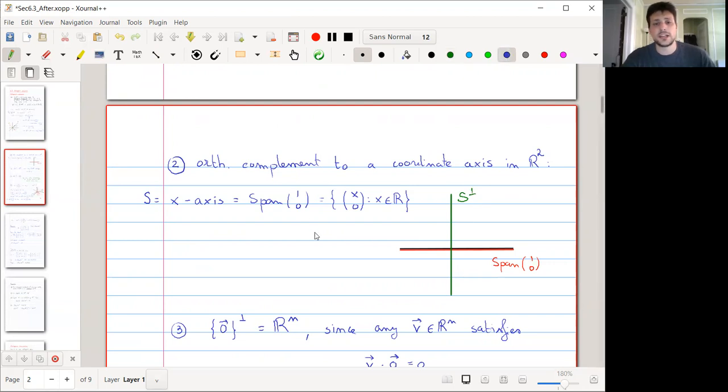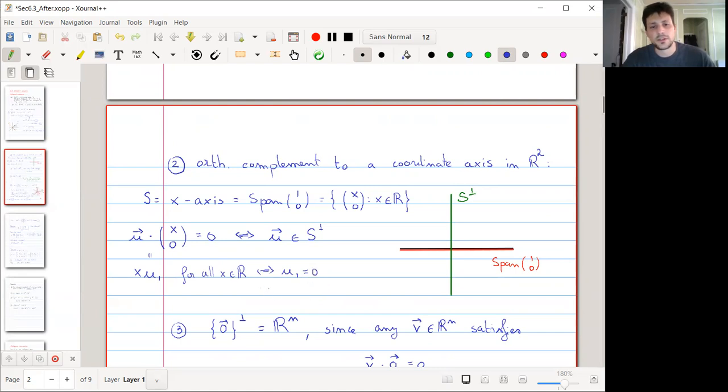But let's actually check it by saying that every element of S perp must be orthogonal to any element in S. Having that dot product equal to 0 is the same as saying that U belongs to S perp. Now this dot product is nothing but X times U1, and this must be true for all X in R. So the only way that this holds is that U1 is equal to 0.